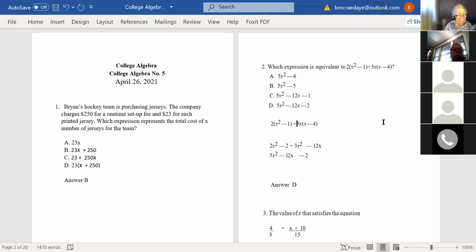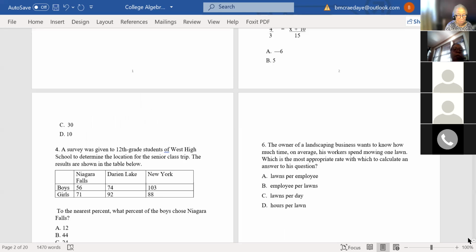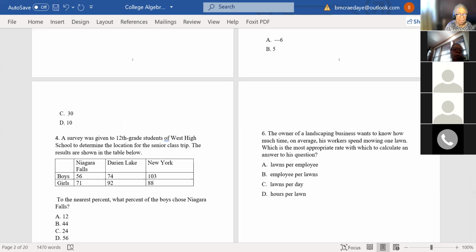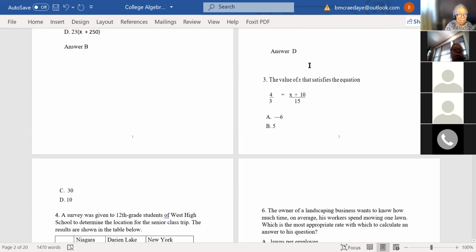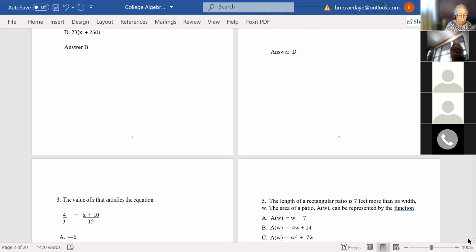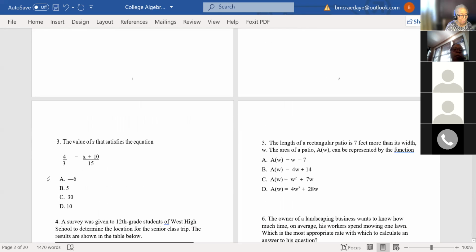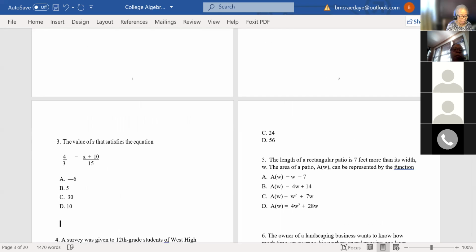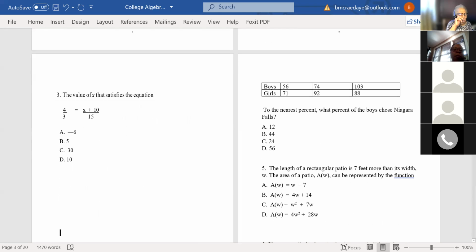That's a coefficient of 3 and the variable X. Okay, let's go to 3. Now 3 is a cross multiplication, so I think you can do that one. Now find the value of X. You can cross multiply 4 times 15, and 3 times X plus 10, which means you multiply 3 times the X and 3 times the 10.